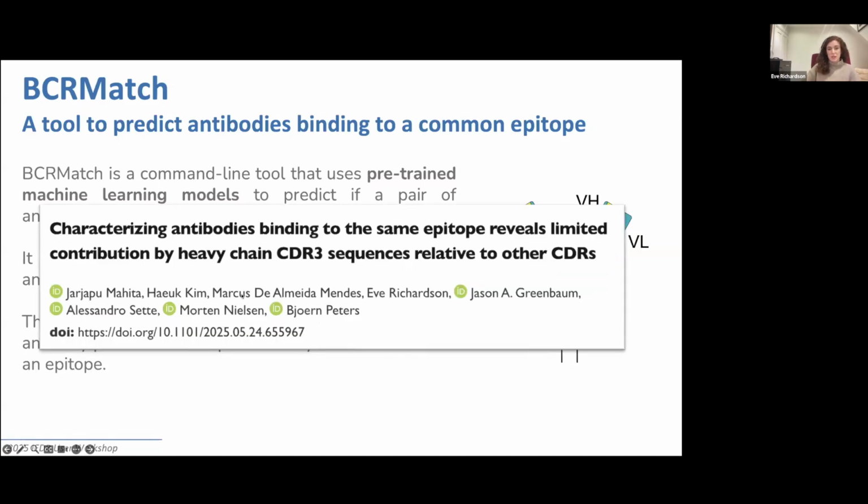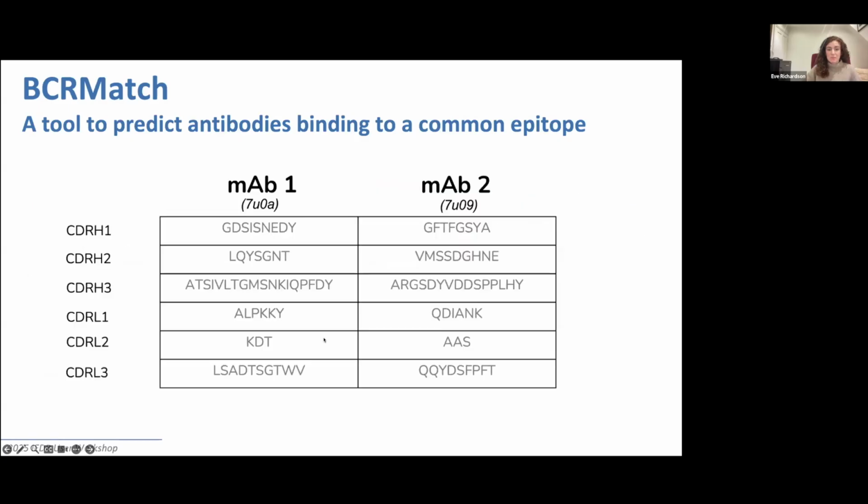And so, as I said, this work is available as a preprint. So there's some really interesting findings from that about our understanding of how specificity is encoded in BCR sequences. So I'd really recommend reading this. And there's also additional data about how BCRMatch was trained.